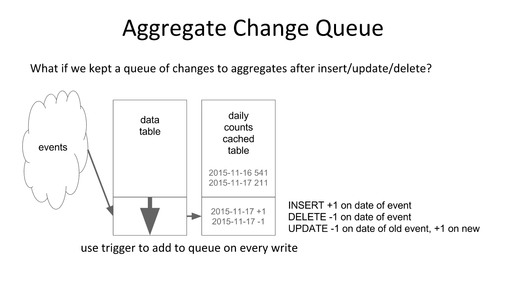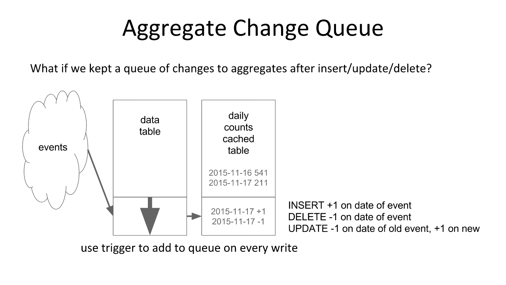So to solve this problem with the locking, the next trick is to say, instead of updating the row, we have a queue of updates that are made to the table. So we don't just have the daily counts table, we also have a queue that schedules updates to that daily counts table.